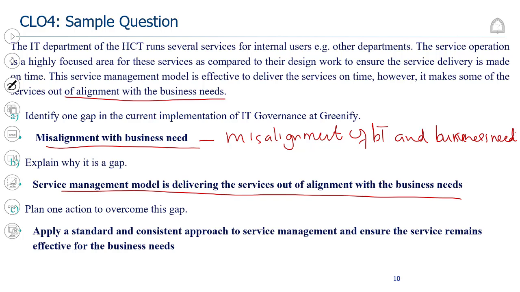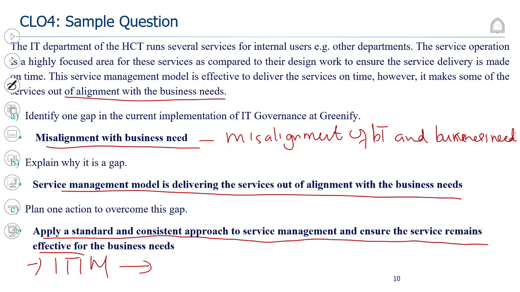Action plan, for example, okay? You can apply a standard and consistent approach to service management and ensure that the services remain effective for business needs. Another thing you can do, for example, is implement ITIL to ensure IT is aligned with the business.